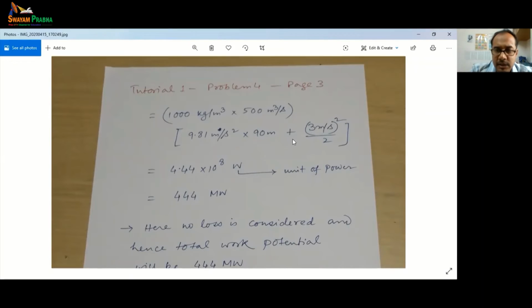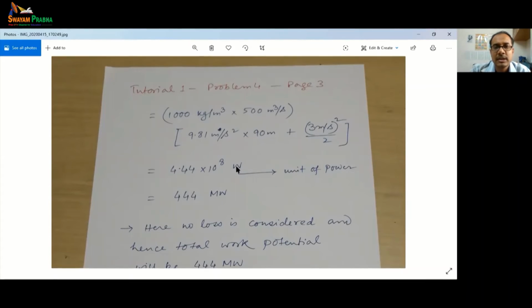Plus we have this kinetic energy term, which is 3 meters per second whole square divided by 2. Again you see these are all SI units consistent with each other. So what you get is the unit of power. That's 4.44 into 10 to the power 8 watt.